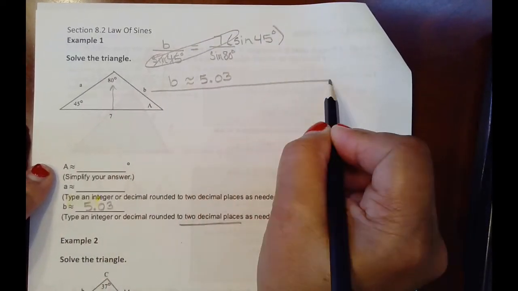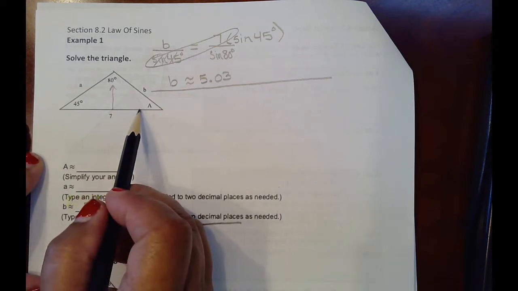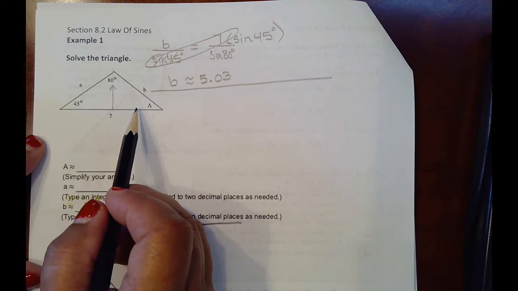Then I'm going to go after the other side. You might want to go ahead and find that angle. It doesn't matter at which point you find this third angle. You can find it at the very beginning or find it as I am doing right now.